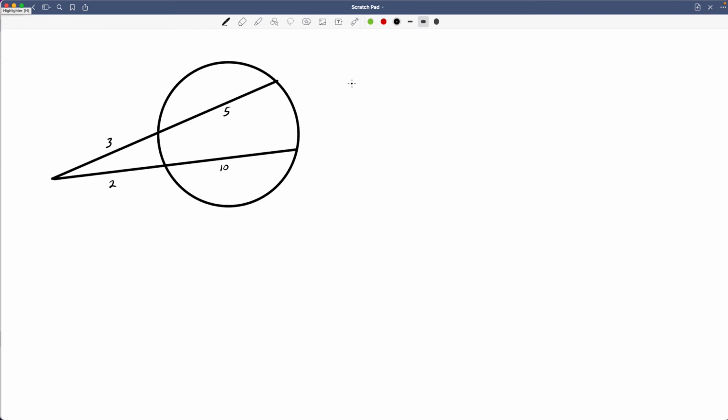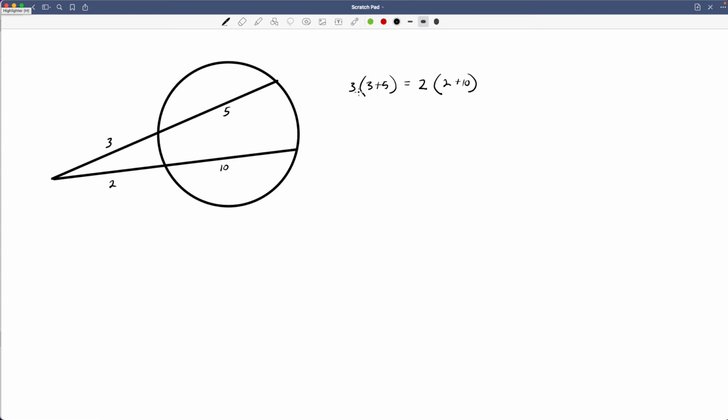So what I mean by that is 3 times 3 plus 5 is going to be equal to 2 times 2 plus 10. Always, always, always. And that would be how you would find missing lengths of chords and secants.